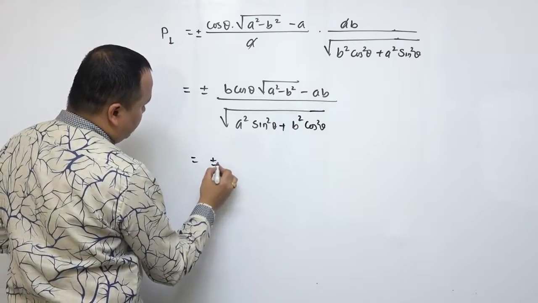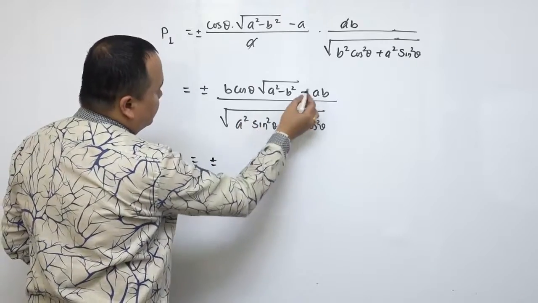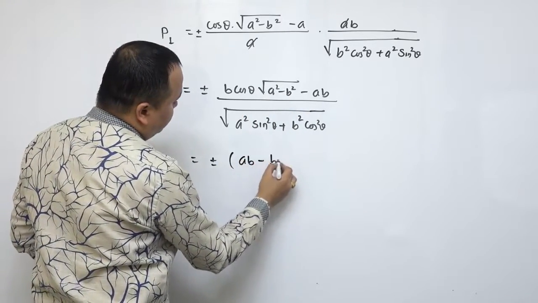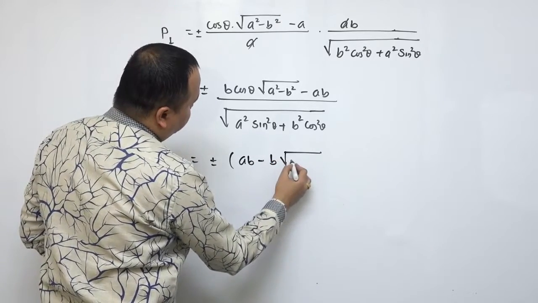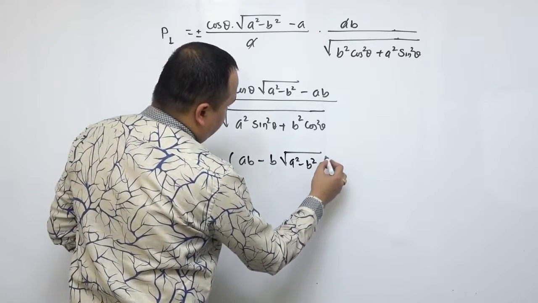This is plus minus, 1 is common, then this is AB minus B times root over A square minus B square cos theta.